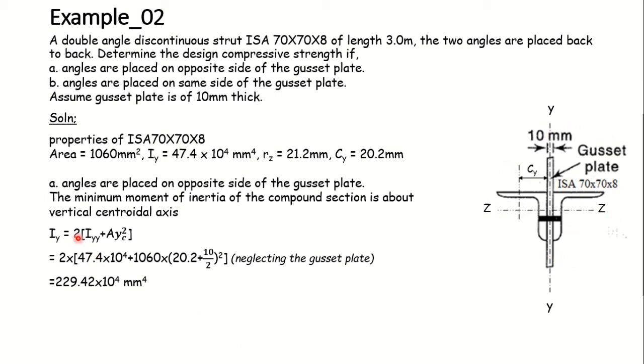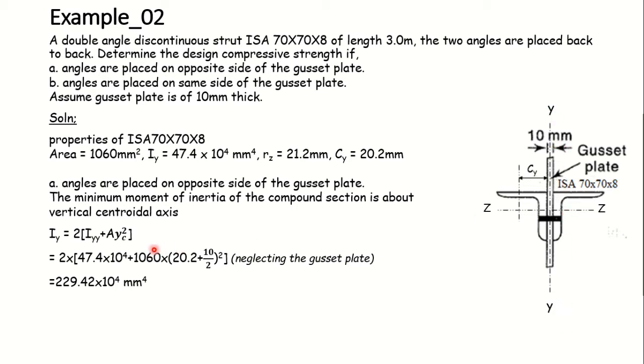So using this equation, 2 for the two angle sections, Iyy equals 2 times (Igg plus A into yc square). That is the moment of inertia about its own centroidal axis plus the area of the section multiplied by the square of the distance between the two axes, its centroidal axis and the axis about which we are calculating the moment of inertia.